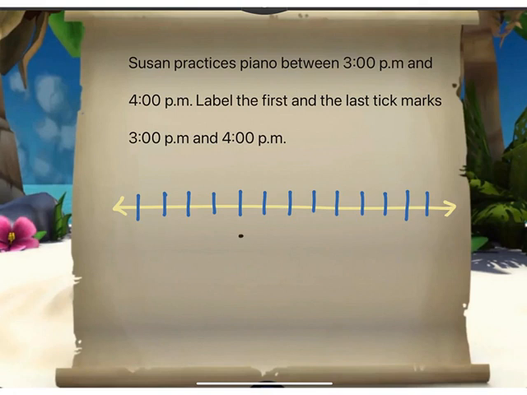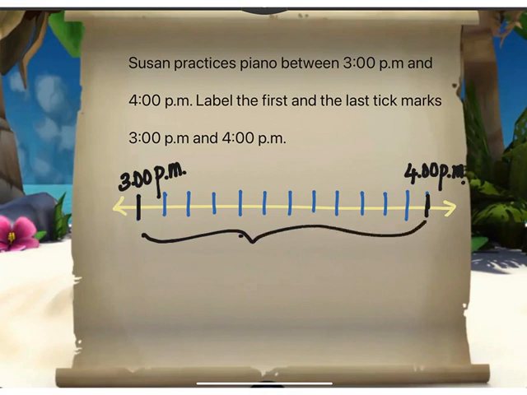Now let me label the first tick mark as 3 p.m. and the last tick mark as 4 p.m. So what we have done here is we have marked the first tick mark as 3 p.m. and the last tick mark as 4 p.m. to show the hour interval.